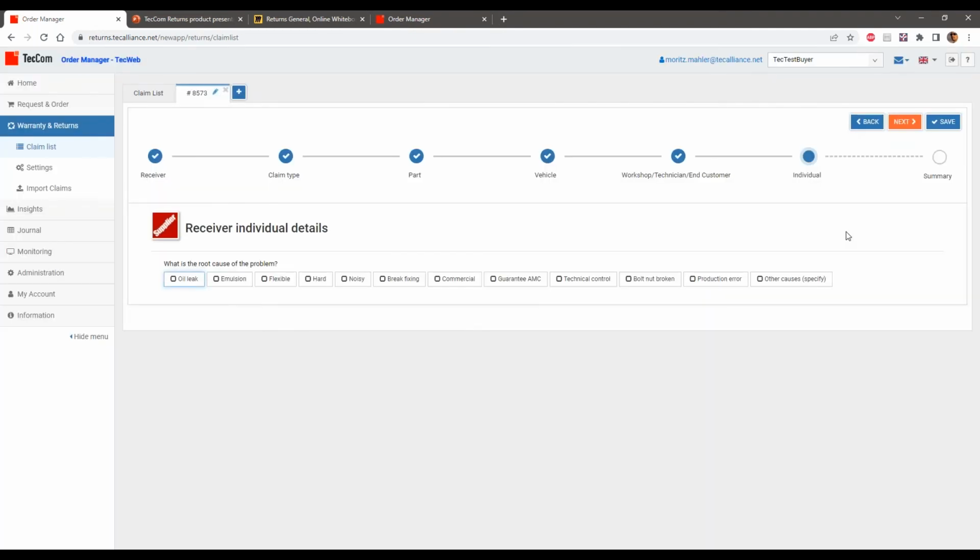If we come to the next page, you will see supplier or receiver individual details. What does it mean? If you send this, we send it to the supplier, and this supplier uses our solution. If the supplier is using our solution, he is able to put individual questions here. He could ask everything, but we want to make sure that a question comes only from this supplier.